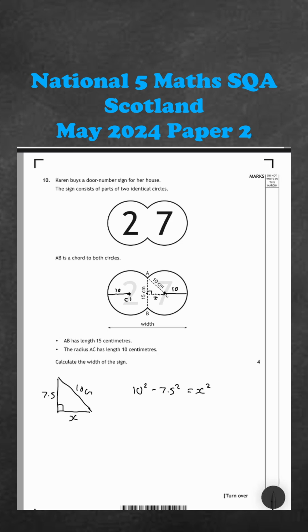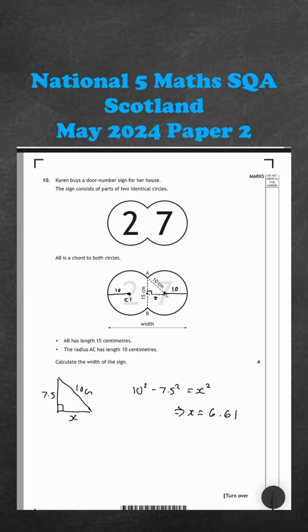So 100 minus 7.5 squared gives us 43.75, and then I will square root that to give me 6.61.